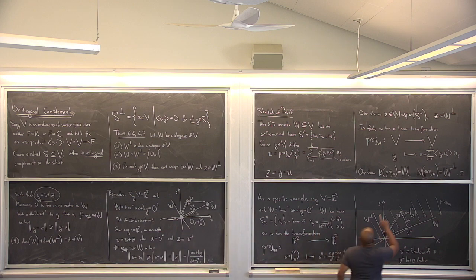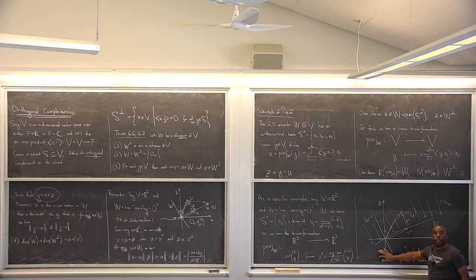So this is the idea of this proj map, is that it tells us when we see W, and then more or less it ignores everything on W perp. So again, these are the two properties. The range of this projection map is W. The null space of this projection map is W perp. And the projection map is defined exactly in this way here once we have an orthonormal basis.